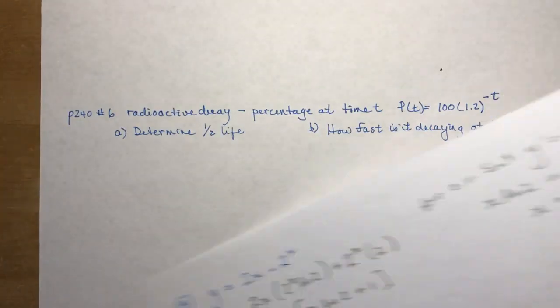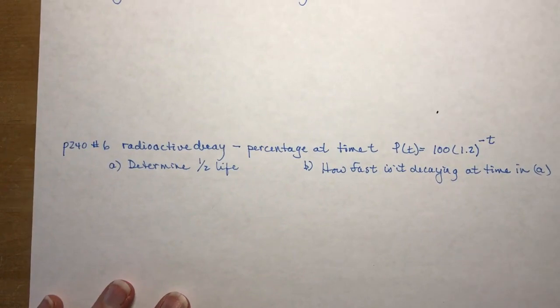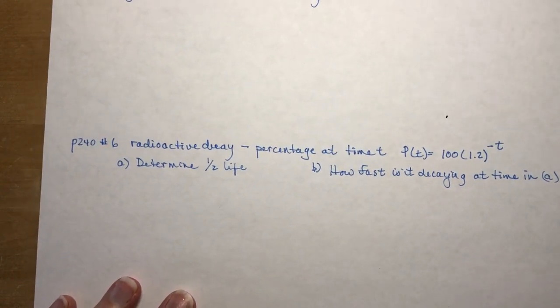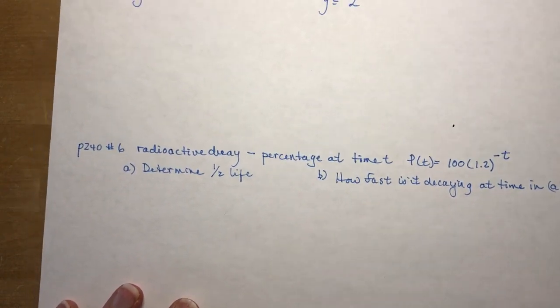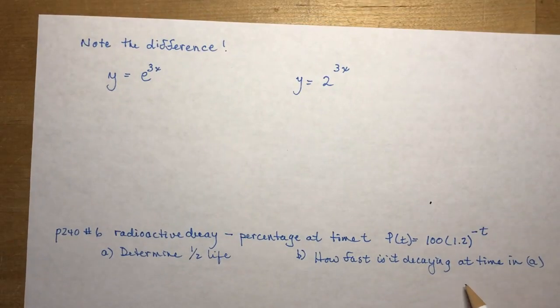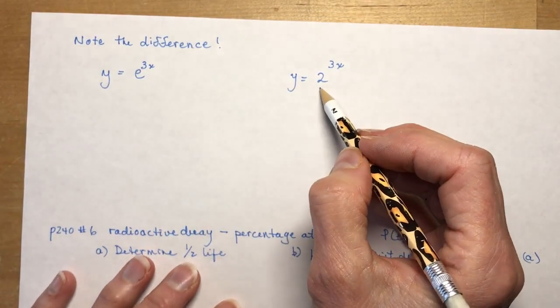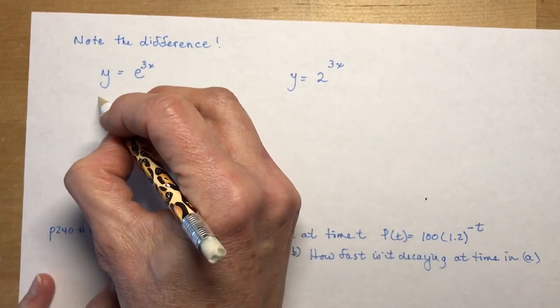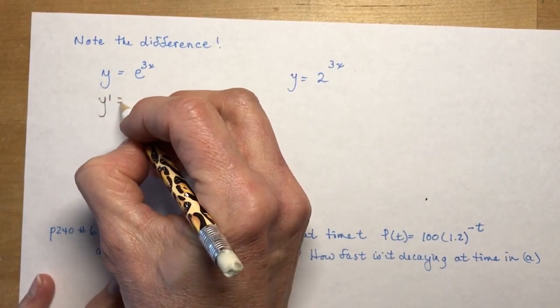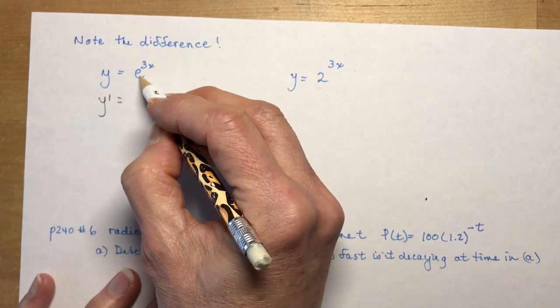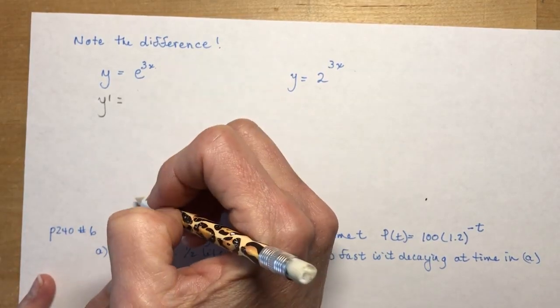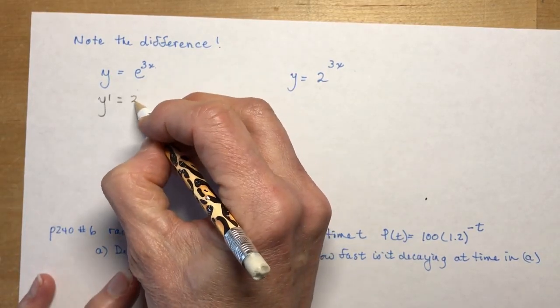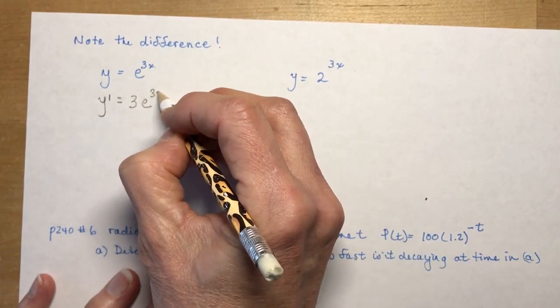Okay, so let's take a look at this because I wanted you to note the difference between the e to the x and derivative of e to the 3x and y equals 2 to the 3x. So y prime here is going to be e to the 3x times 3, right? So we had 3e to the 3x.